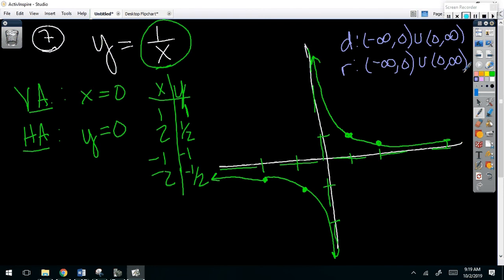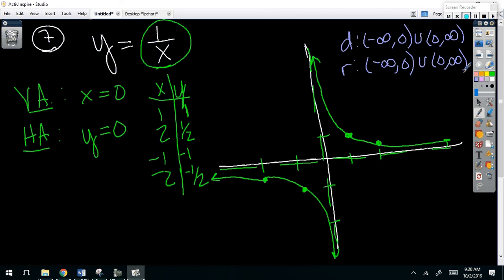So other than 0, is it continuous? Yes. The function is continuous because it is continuous for every point in the domain. If the domain was -infinity to infinity, then no, this would not be continuous. Y'all with me? Okay.